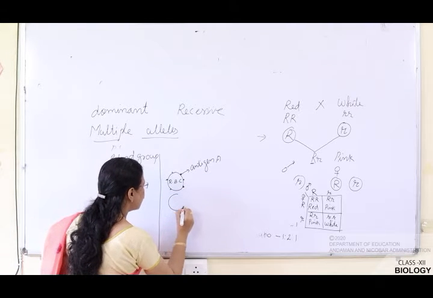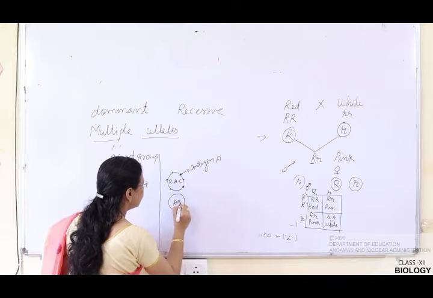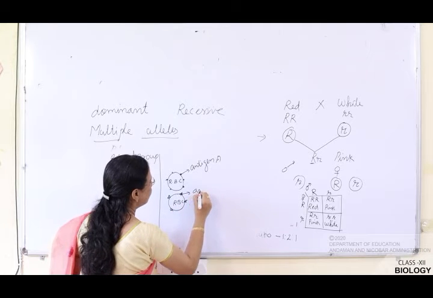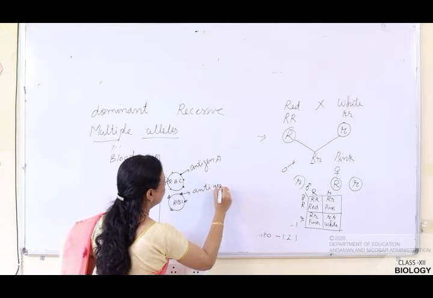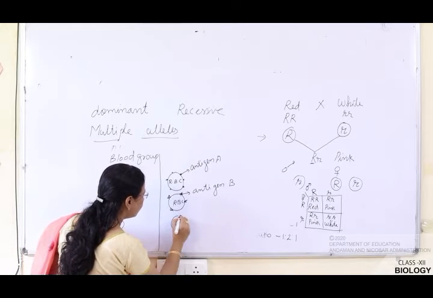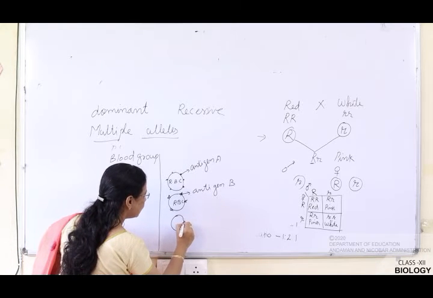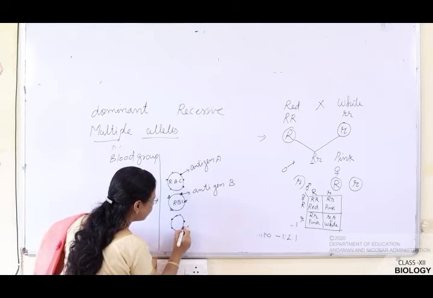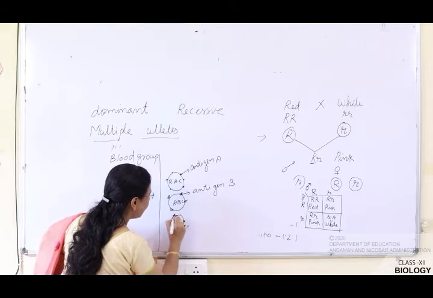B blood group is having antigen B. Suppose this is antigen B. And AB is having both A antigen as well as B antigen. You can draw like this. It is having both the antigens.